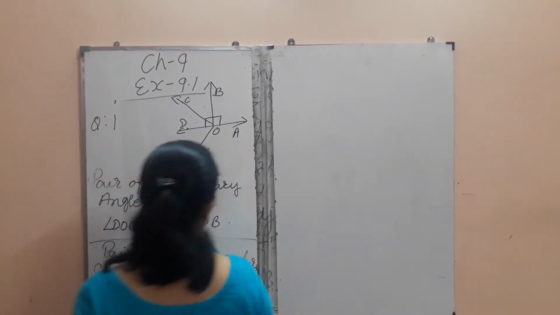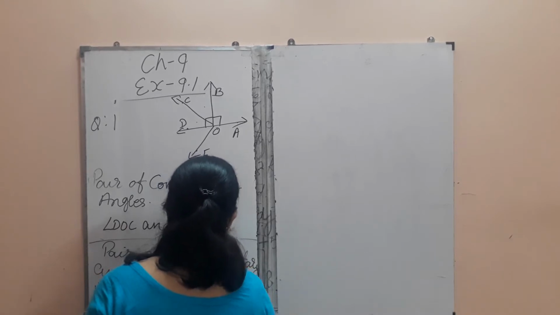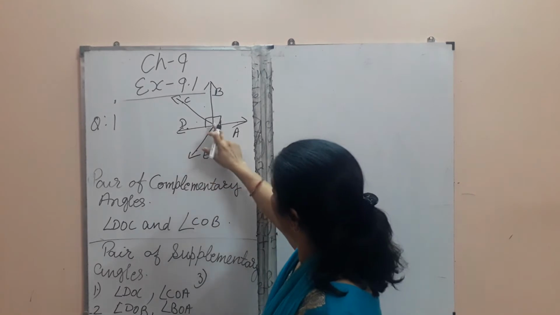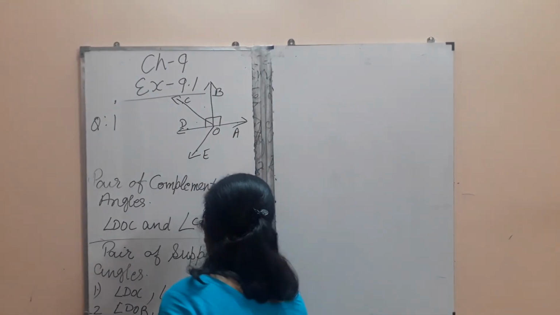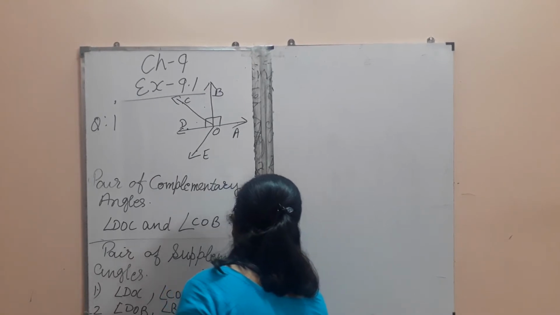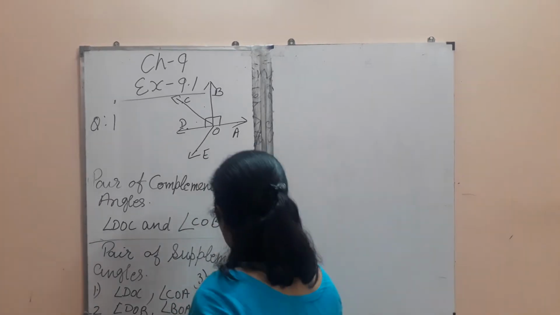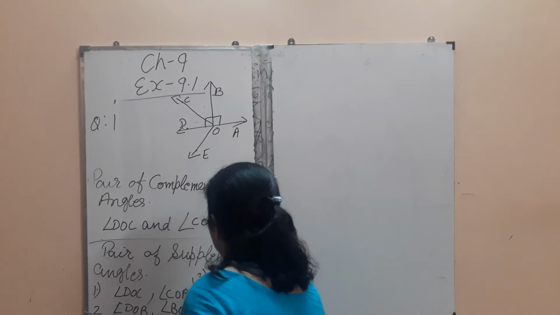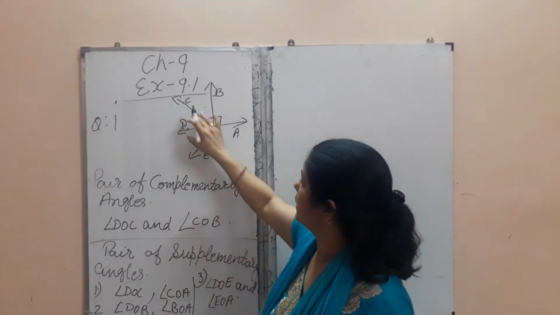And the third pair is angle DOE and angle EOA. So this is all about the pairs of complementary angles.